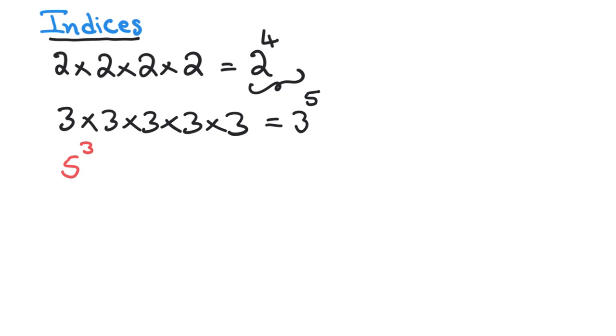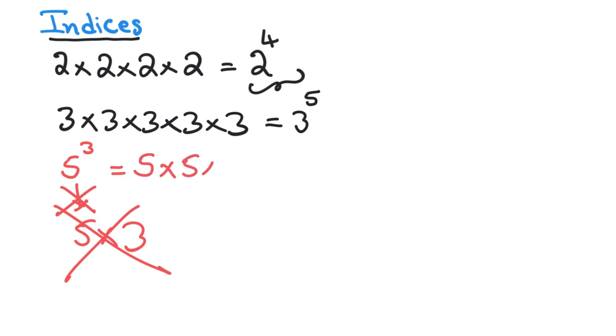Do not make a mistake. 5 to the power 3 is not 5 times 3. 5 to the power 3 means 5 times 5 times 5, which is, of course, 5 times 5 is 25, and 25 times 5 is 125. So do not make the mistake of thinking 5 to the power 3 is 5 times 3. That's wrong. So now you have an idea of what indices means.